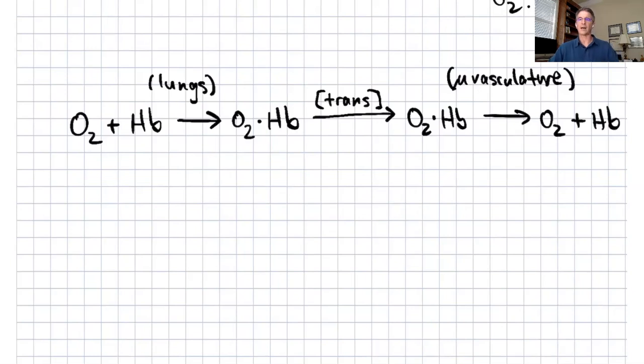And now we've delivered oxygen out to those peripheral tissues where we're doing all this cool metabolism that we need to keep ourselves alive. Okay, I'll just make this a little more specific, like tissues.